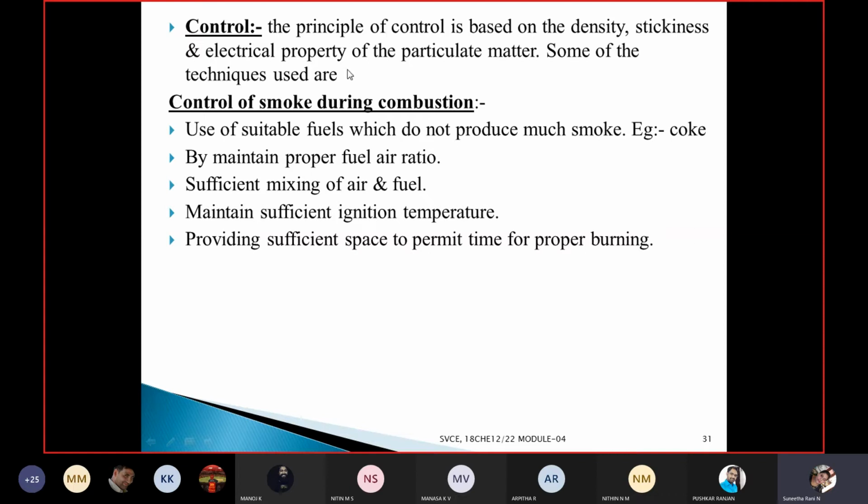If you take all these measures properly, we can control particulate matter as a pollutant in the atmosphere.